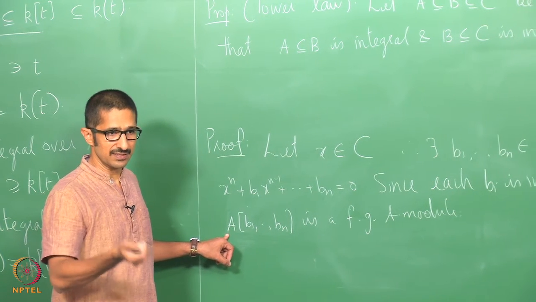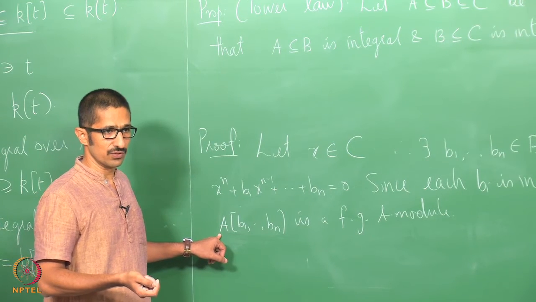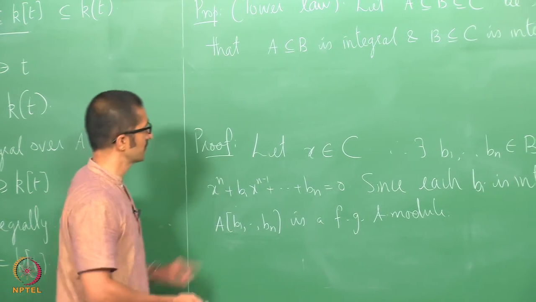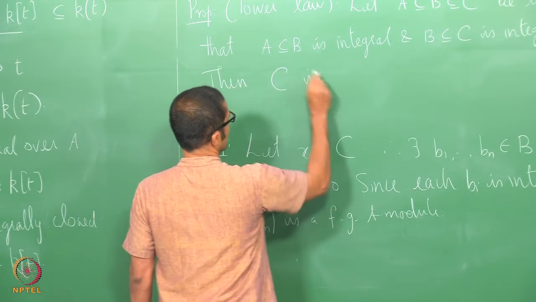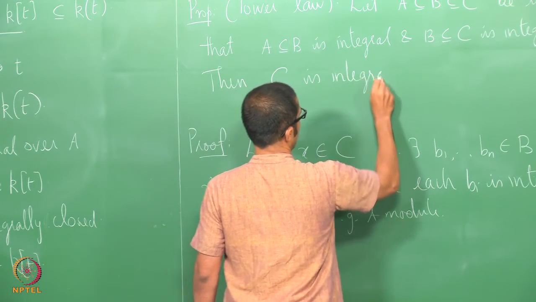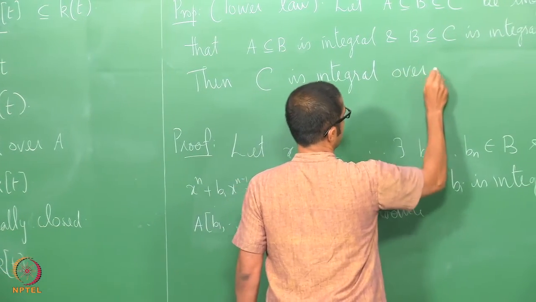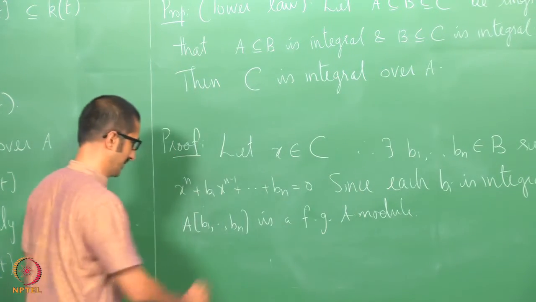That was the third condition that we wrote down yesterday. So, what is the conclusion then? C is integral over A.